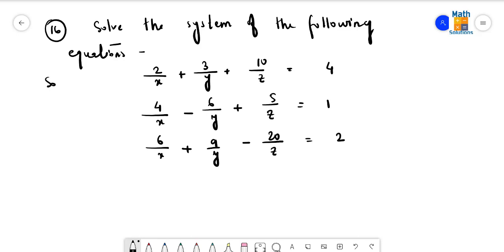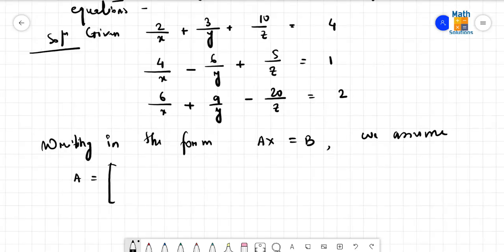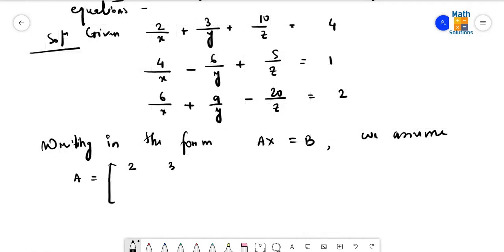If I start with the solution part here itself, given these are the equations, writing in the form AX is equal to B, we assume capital A as matrix A, which can be written like this: 2, 3, 10, then 4, minus 6, 5, then 6, 9, minus 20.